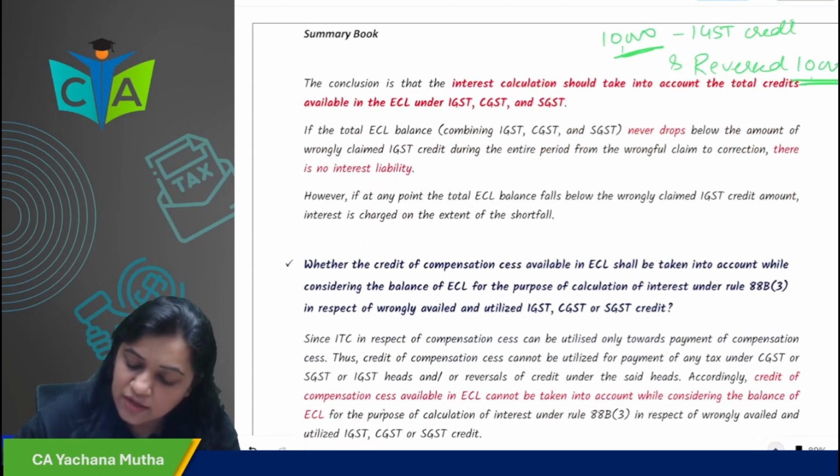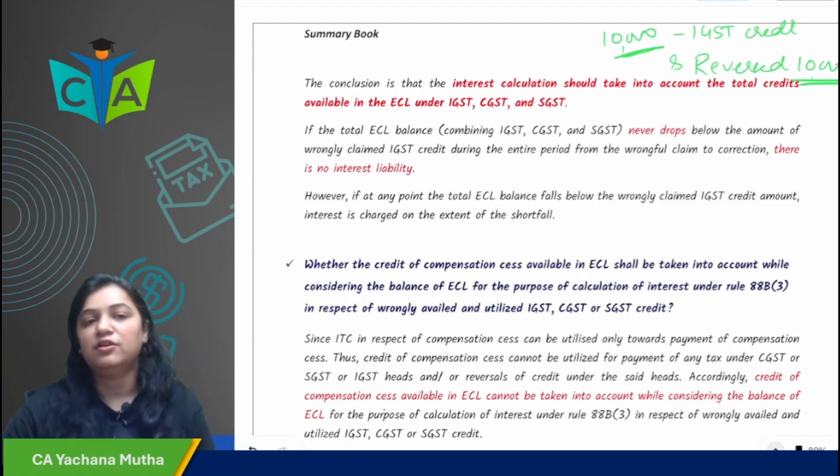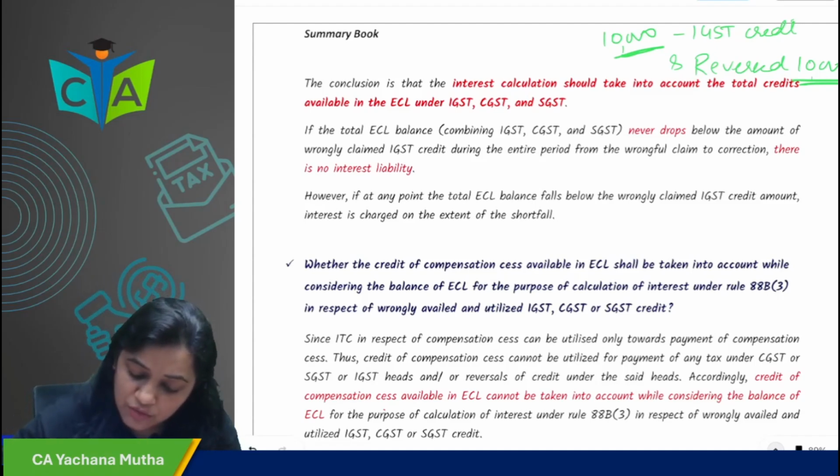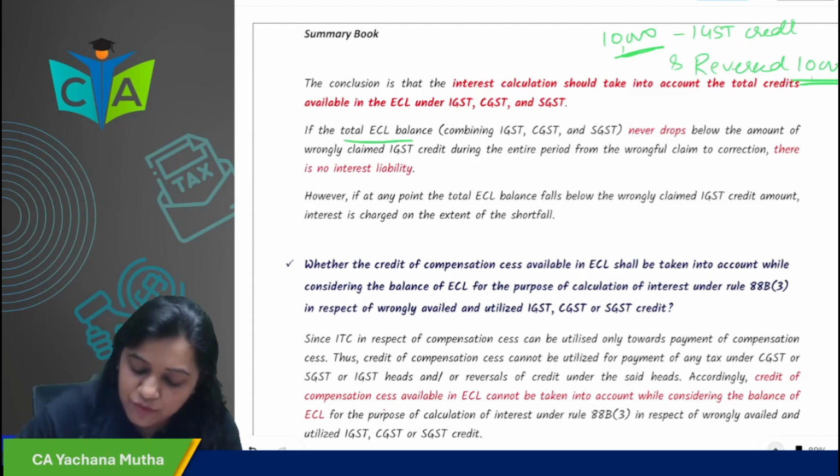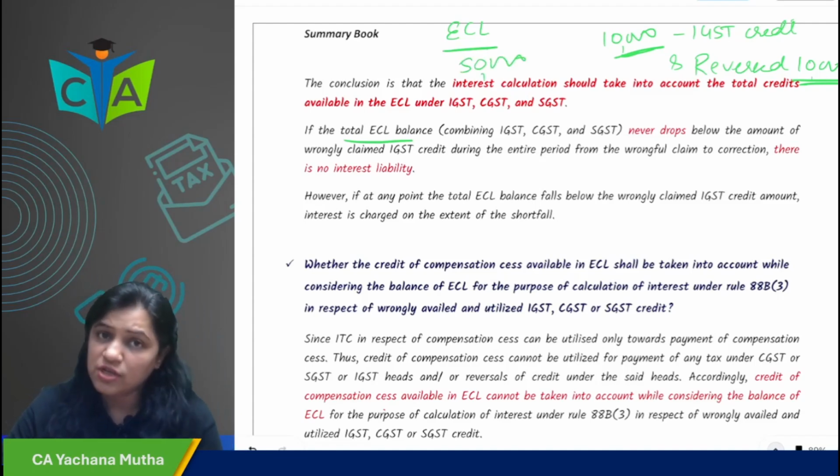The government said that if you have wrongly availed and reversed the ITC, the total balance of IGST, CGST, SGST should be used. For example, the total ECL is say 50,000 rupees during the entire period when you have wrongly availed 10,000 as IGST.